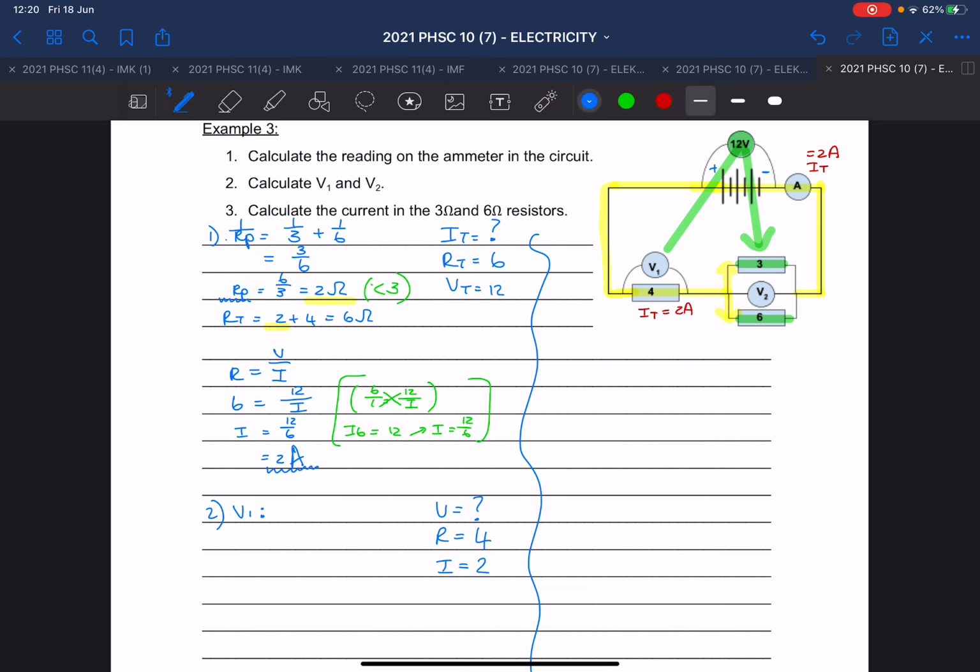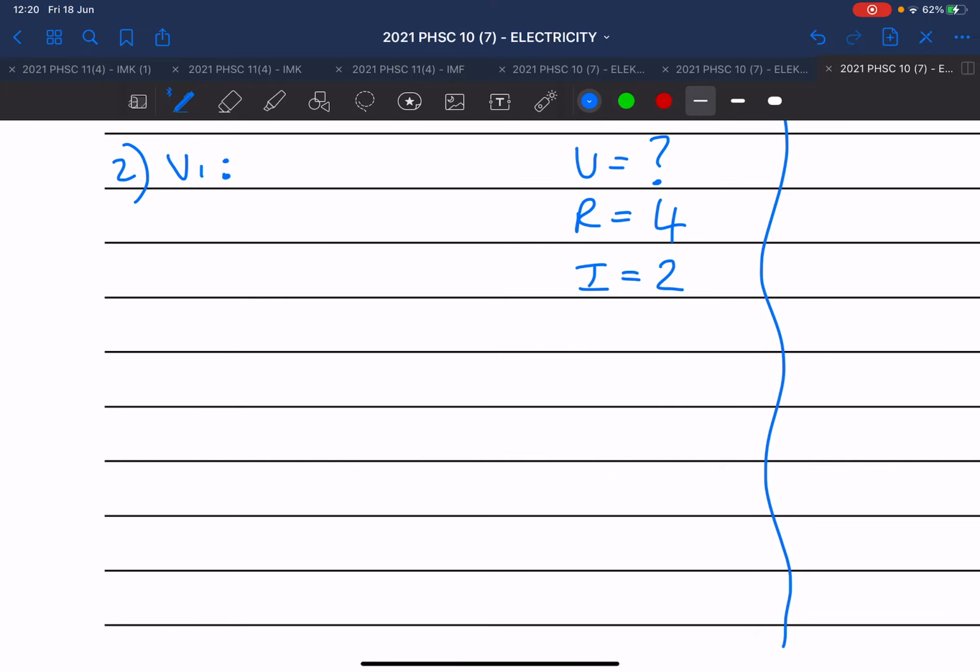So we write resistance is volts over current. The resistance is 4, we want the volts, and the current is 2. How do we get that 2 away from the volts? Then we get the volts is 8 volts.